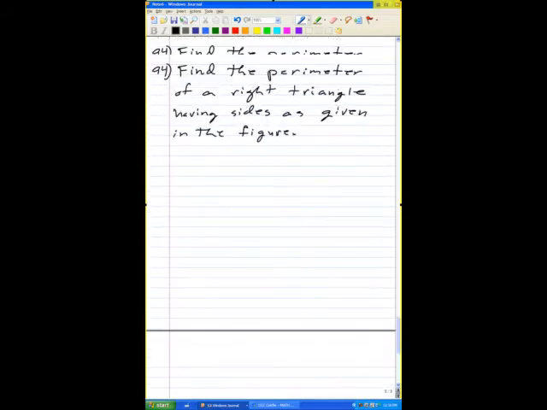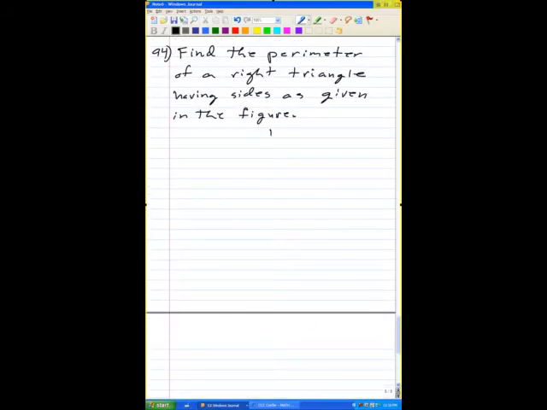Okay, so we have the following: x cubed plus x, x to the fourth plus x minus 1, and x squared plus 2.